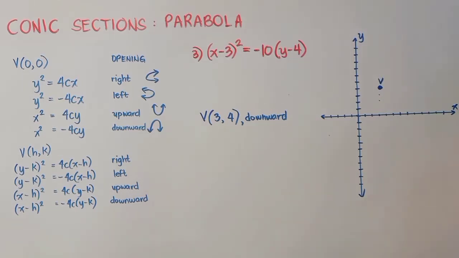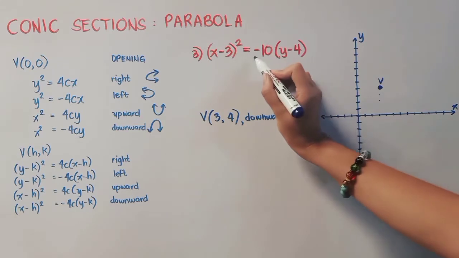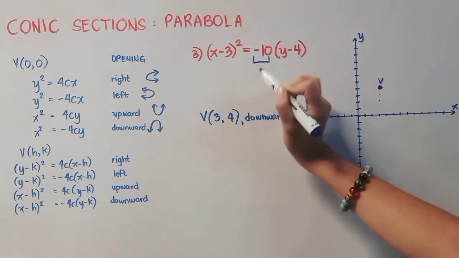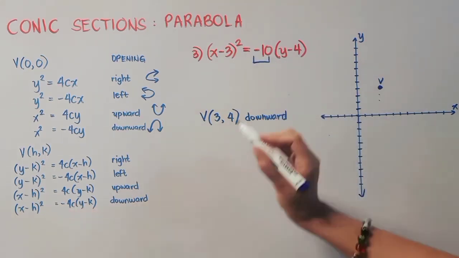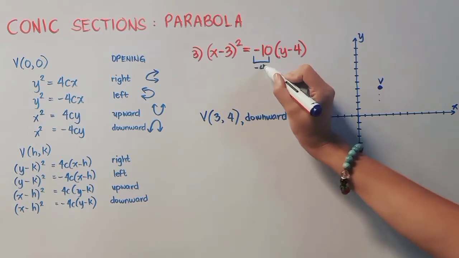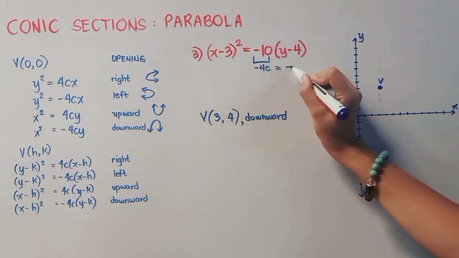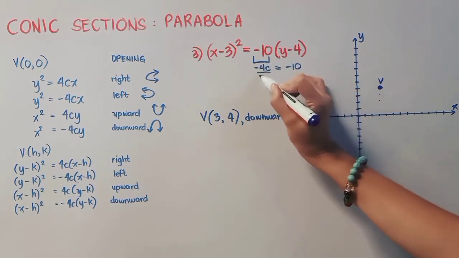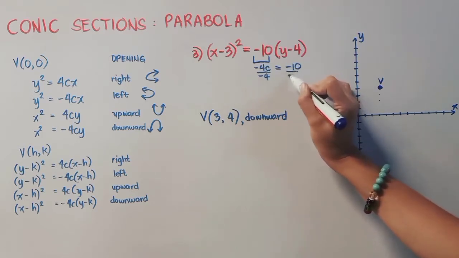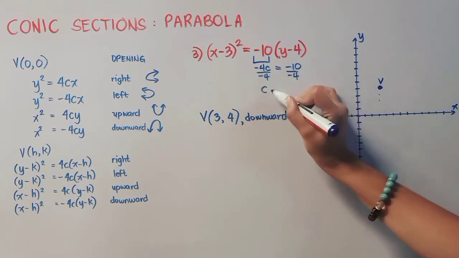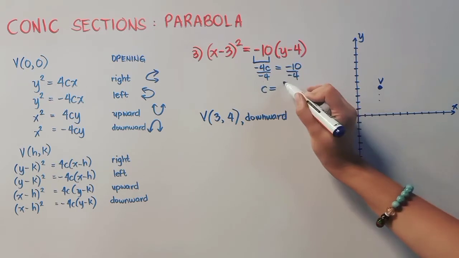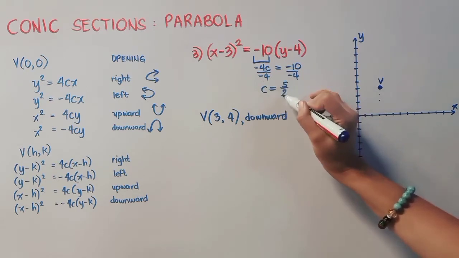Next we will get the value of our c. Again, this portion here is our negative 4c. So negative 4c is equal to negative 10. And then divide both sides by negative 4. That will give us c is equal to 5 over 2.